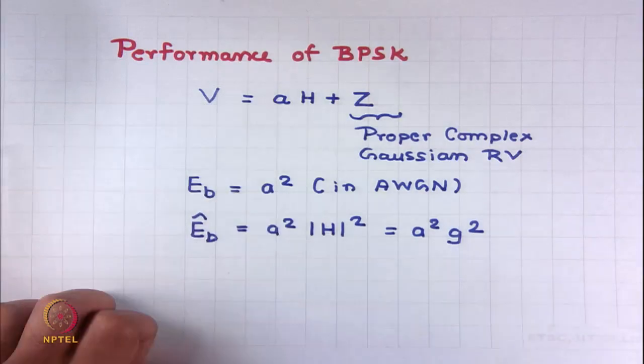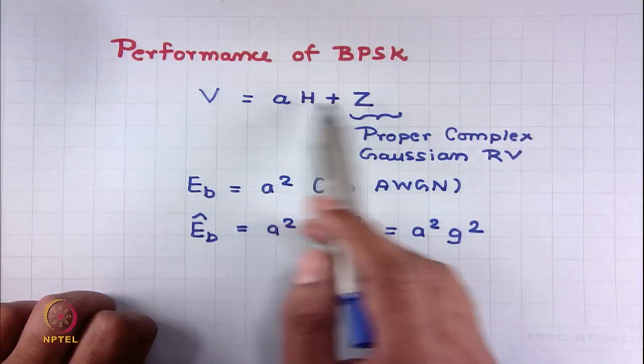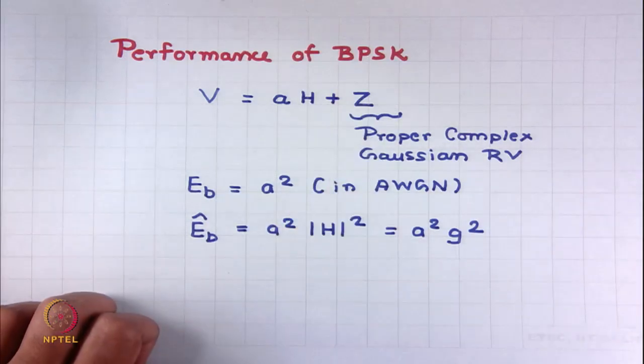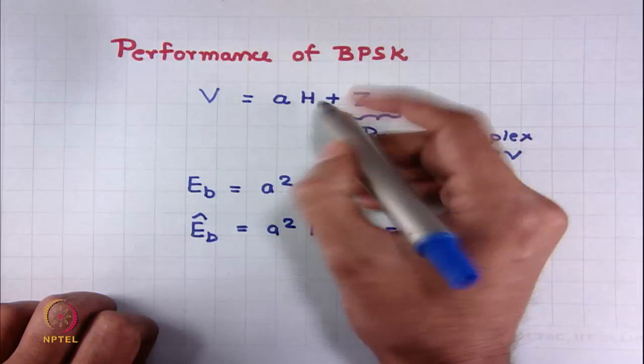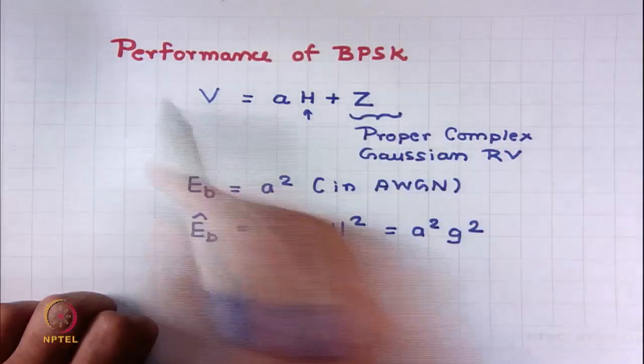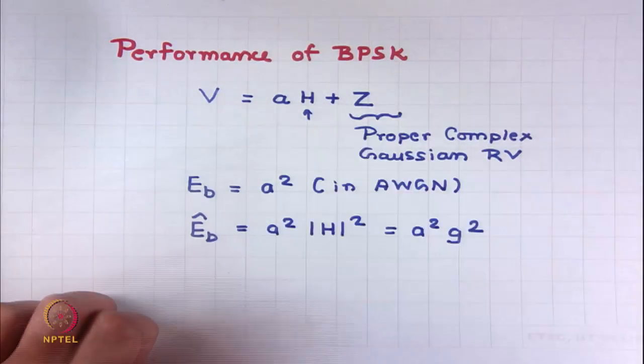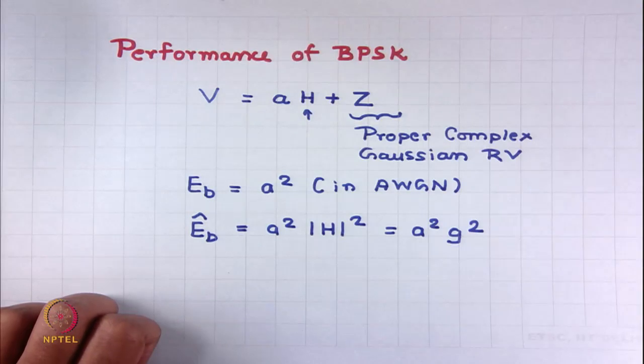I could have called it anything. I have called it V, which is simply A times h plus Z. And what is this Z? Z is a proper complex Gaussian random variable. h is complex, right, that means we are thinking in the baseband domain. So, Z should also be a proper complex Gaussian random variable.